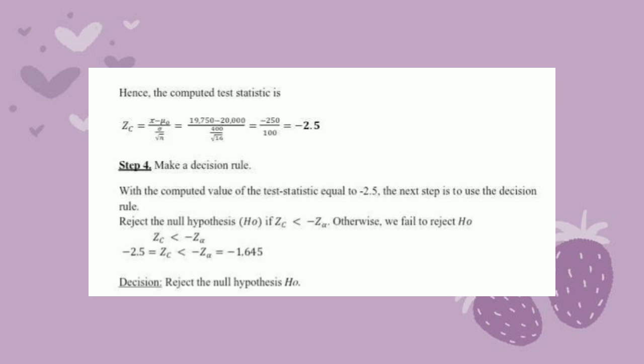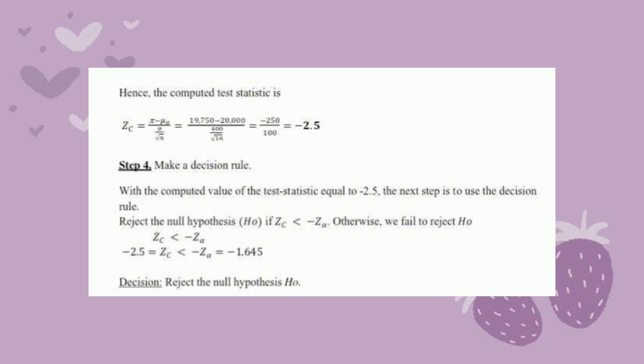Step 4. Make a decision rule. With the computed value of the test statistic equal to negative 2.5, the next step is to use the decision rule. Reject the null hypothesis if our computed z is less than negative z, or the negative critical value.